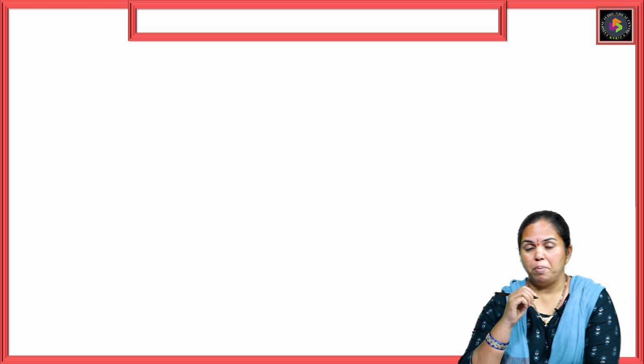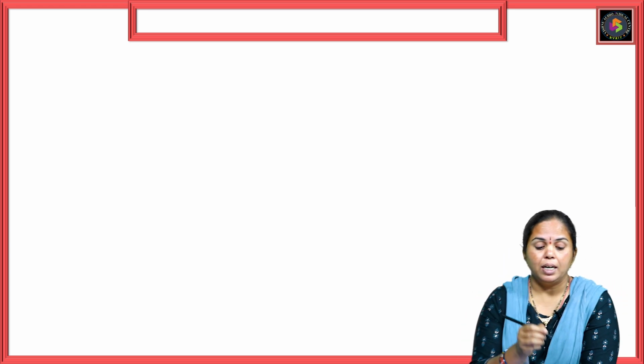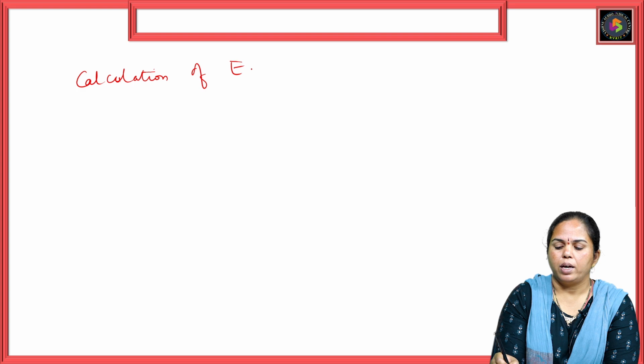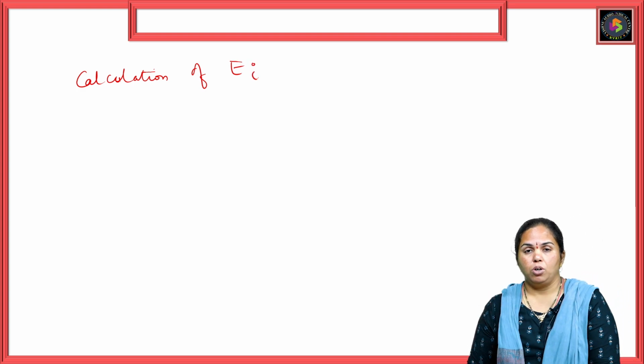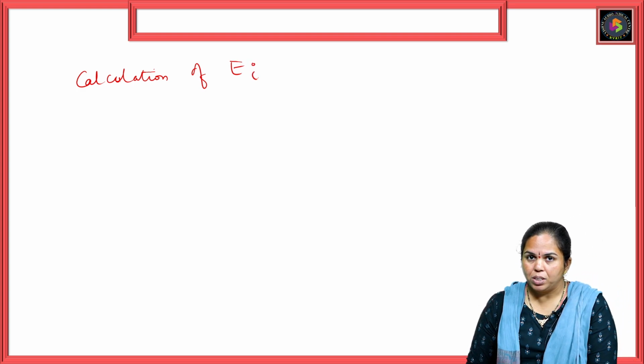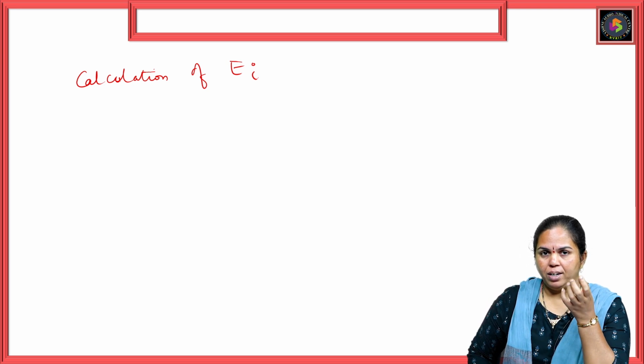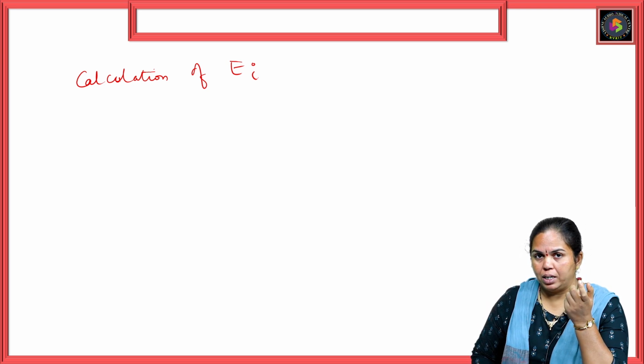The main thing in the chi-square test is the calculation of expected frequencies. This is where students find difficulty. So read the problem carefully and identify what you have to calculate.